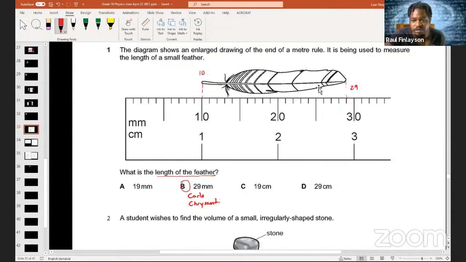Oh, it didn't start from the end. It starts from 10. So what does that mean for how you get the answer? Is it something that you need to work out, or can you just look at it and see it?